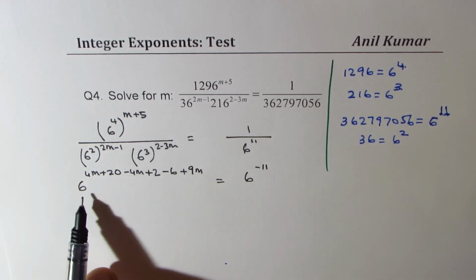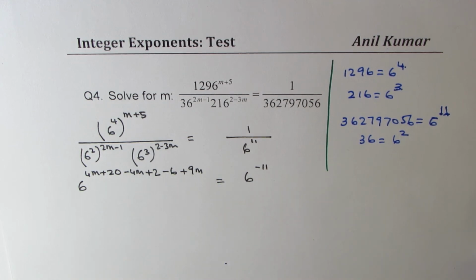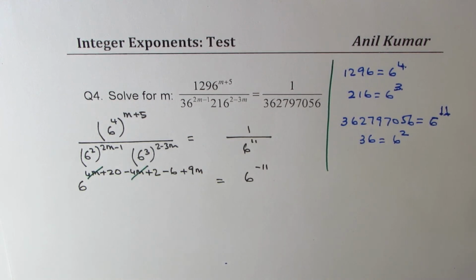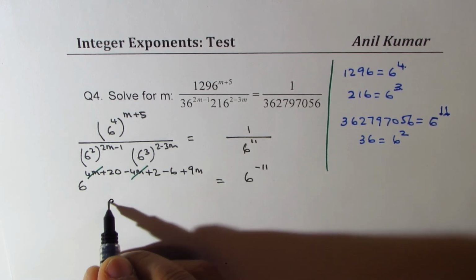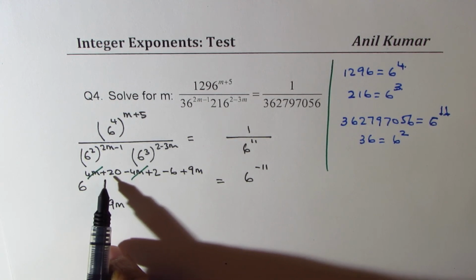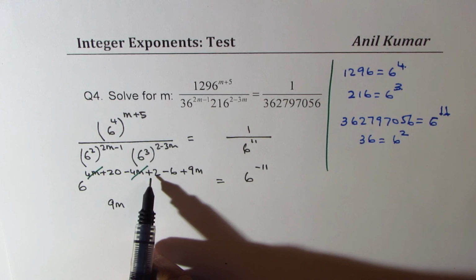Perfect. Since the base is same, we can equate these two exponents. So 4m minus 4m cancels. So we could write 9m. Here we get 20 minus 6 is 14 plus 2 as 16.